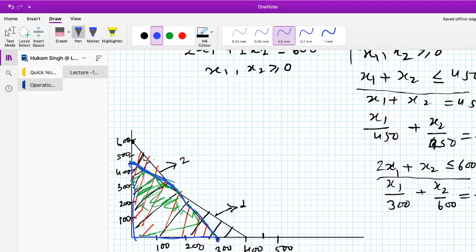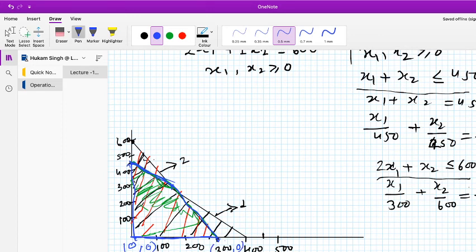So this is our common region, okay, and the corners are this 0, 0, okay, and the second corner is this 300, 0.